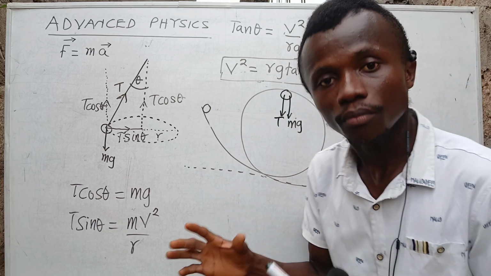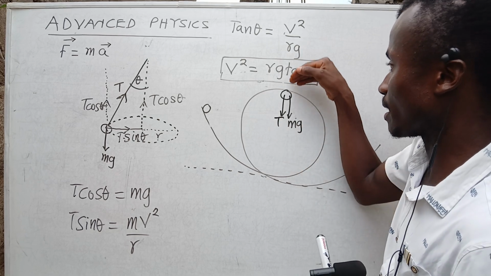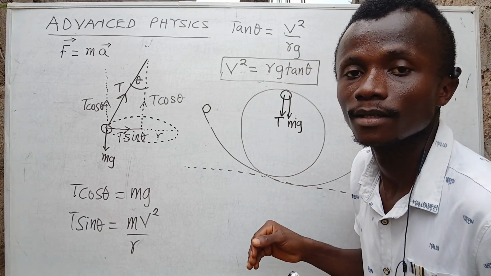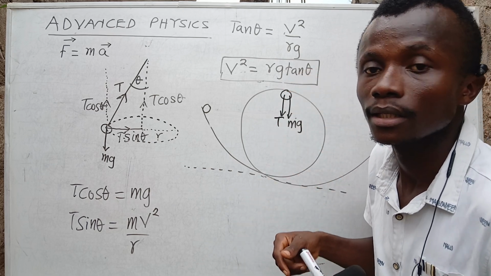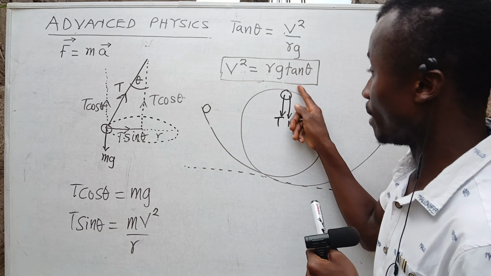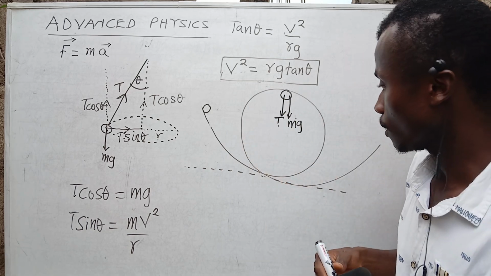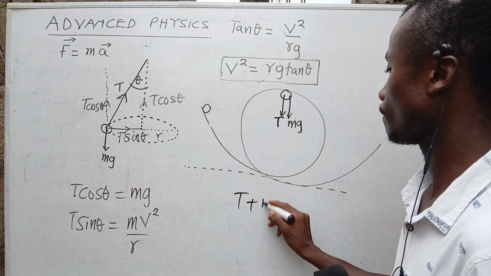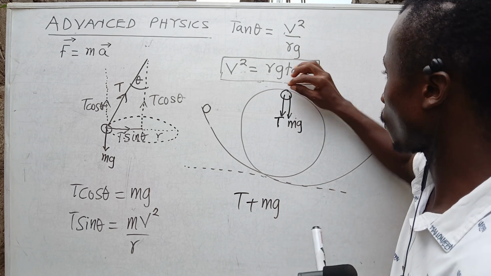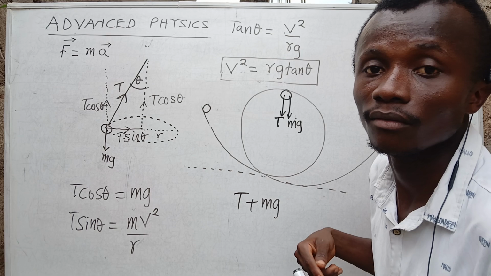We call it the loop problem because both forces are pointed downwards. But the question is, why is the ball not falling to the ground? It is able to make the bend and then roll away. It turns out that T plus mg at this point of the trajectory is what gives it the centripetal force.